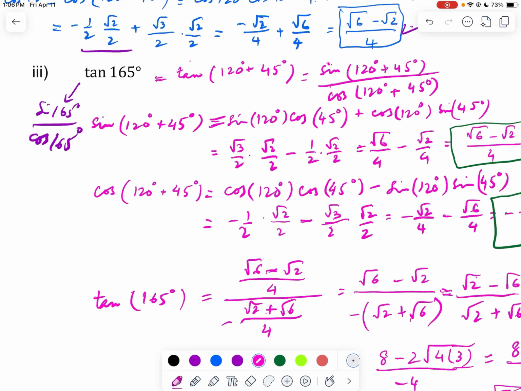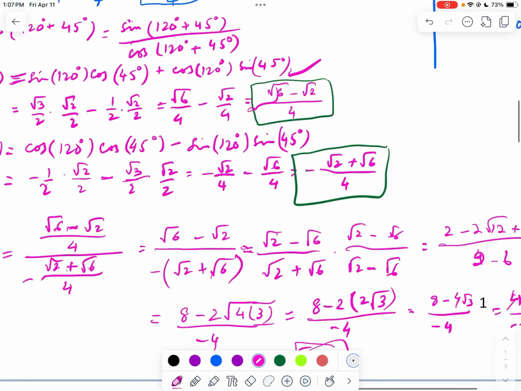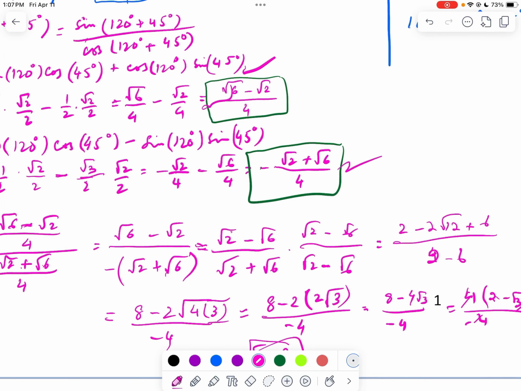So we separately find sine of 120 plus 45, and this is what I get in the end. And then I found cosine of 120 plus 45 and I got this as my answer.